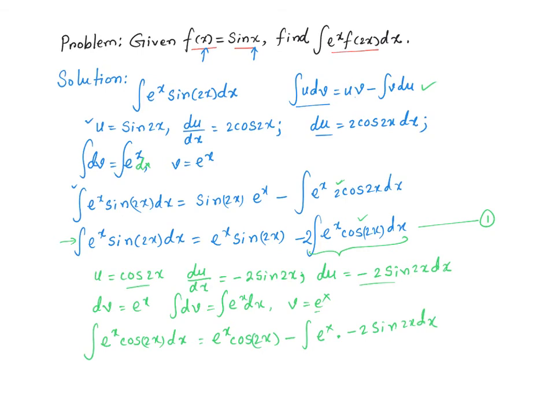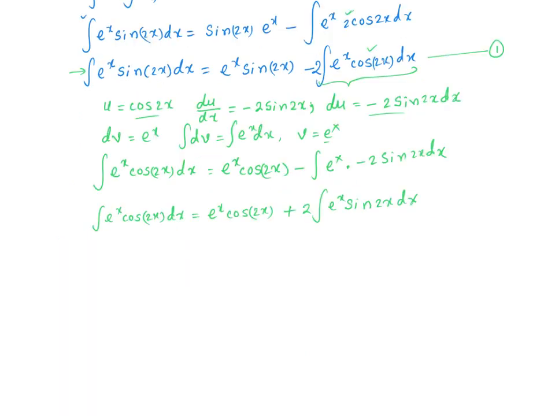Now I simplify it. I have just taken the negative 2 outside, so negative and negative make it positive, and everything else is the same.